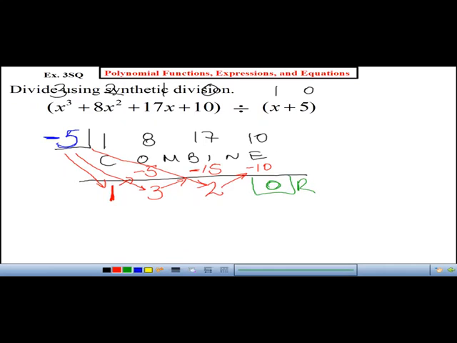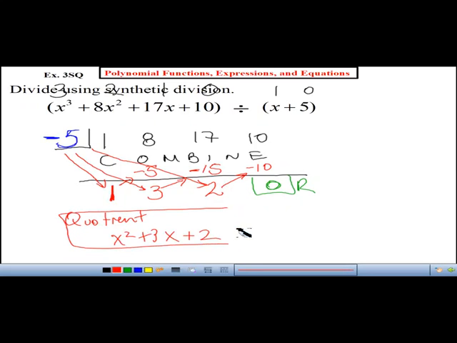Therefore, my quotient is x squared plus 3x plus 2. Since we don't have any remainder, this is my quotient.